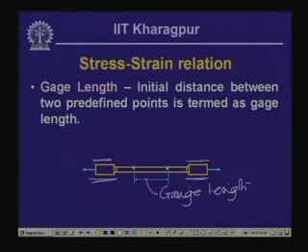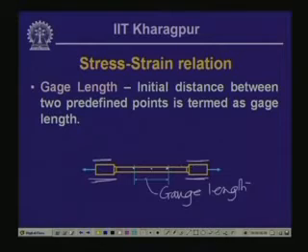Now if we apply a pull on this bar gradually, as we have seen, the bar will undergo deformation, thereby there will be a change in the gauge length, and if we measure that increment or the deformation, then we can compute the strain.